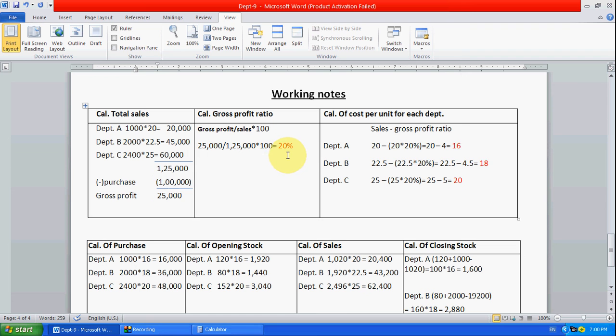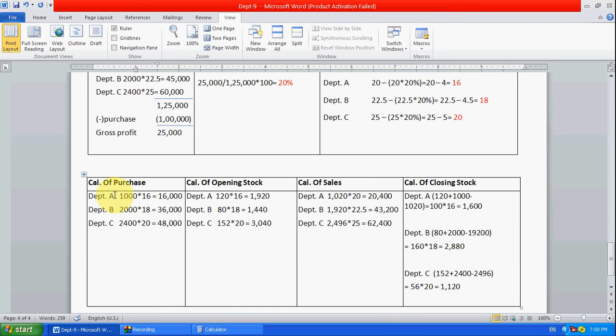After we get the gross profit percentage, we calculate cost per unit: from the sales unit price we remove the gross profit percentage. Then we get the new prices 16, 18, 20. Then we calculate opening stock and purchase, taking units and new prices. Closing sales are already given in units and prices. Closing stock we calculate as opening stock plus purchase minus sales.